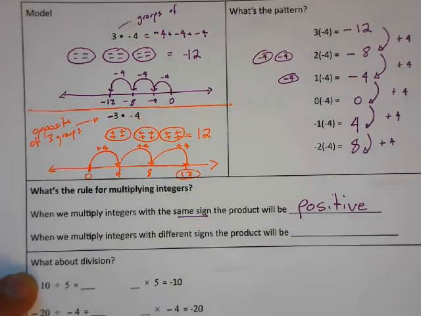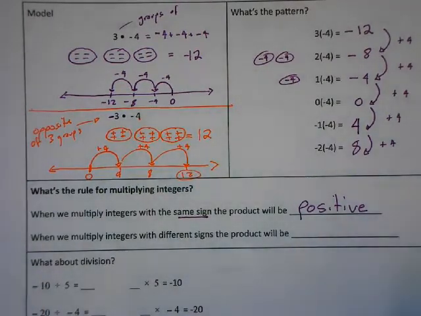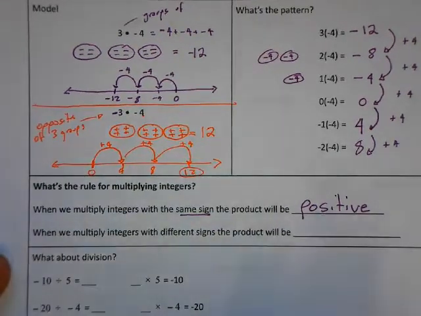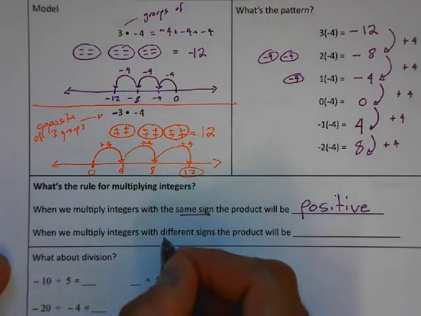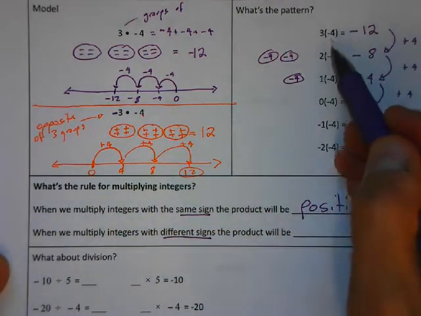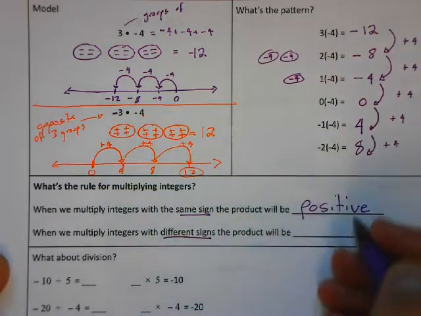When we've got the same sign, multiply them together, whether it's two positive numbers we're multiplying or two negative numbers, we're going to have a positive product. When we multiply integers with different signs, like 3 times negative 4 or 2 times negative 4, the product will be negative.